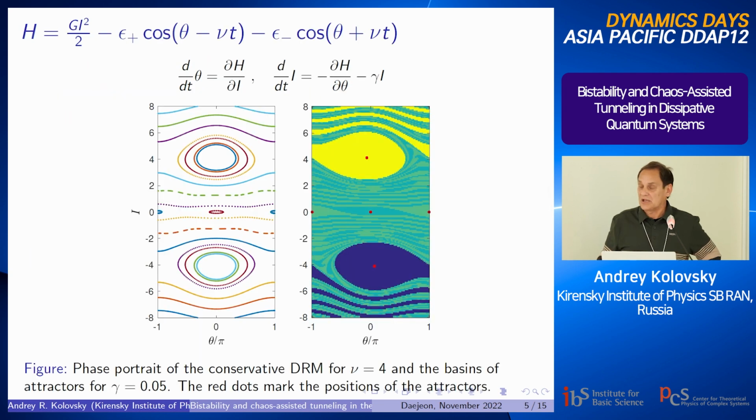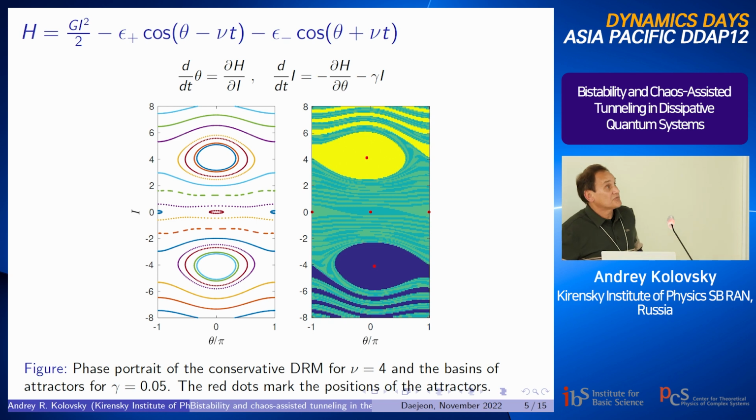Because it comes from the analysis of the phase space structure of this system. This is the Hamiltonian case when gamma is 0, and this is the Poincare cross section of this Hamiltonian, and you clearly see these two nonlinear resonances. One is exactly at plus nu, the other one at minus nu.